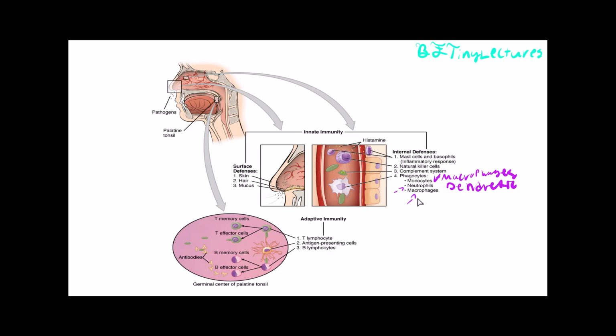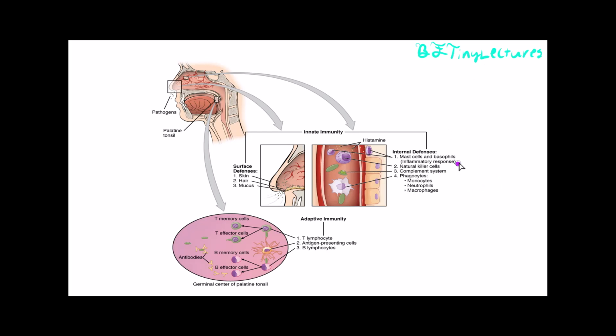So when we get cut, the first people to enter the scene of harm are the monocytes, the neutrophils, and the macrophages. There's also mast cells and natural killer cells. Basophils, they kind of do the same thing as mast cells, but they are expressed less in the body. So there's not a lot of basophils inside the body. There's only like 1% floating around in the blood.